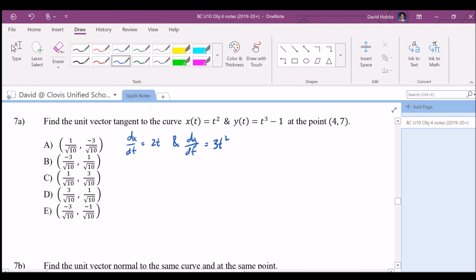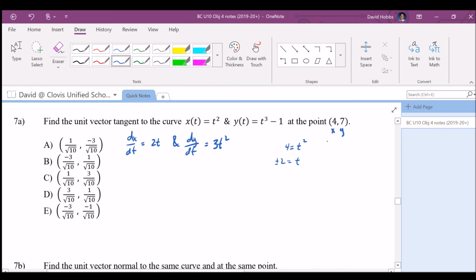Now, all the others up above, we had it at t equals something, and this one is at the point. Well, first off, this is an x and a y, so let's see if we can figure out what time that's happening. x is 4, so 4 equals t squared, so t equals plus or minus 2, not necessarily just positive, so we can't just assume that.